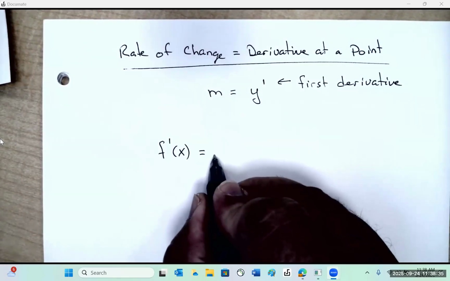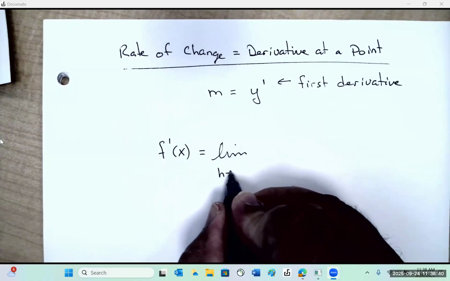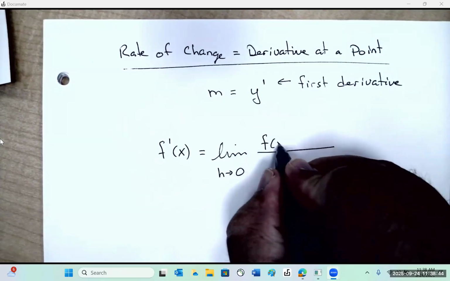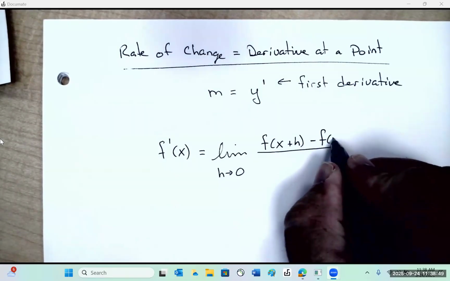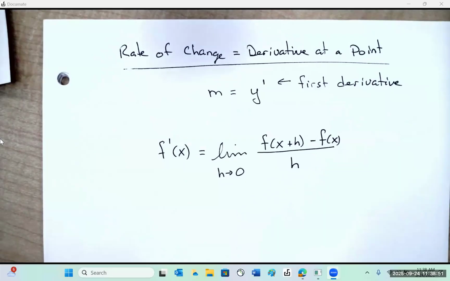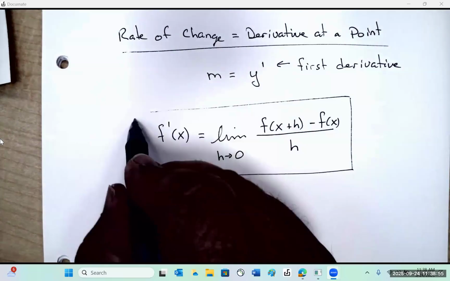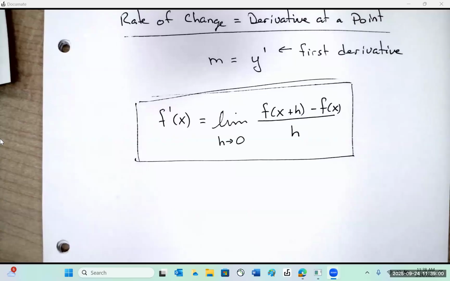We define the slope as the limit as h approaches 0 of our difference quotient. And there's a definition of derivative, as we know it so far.